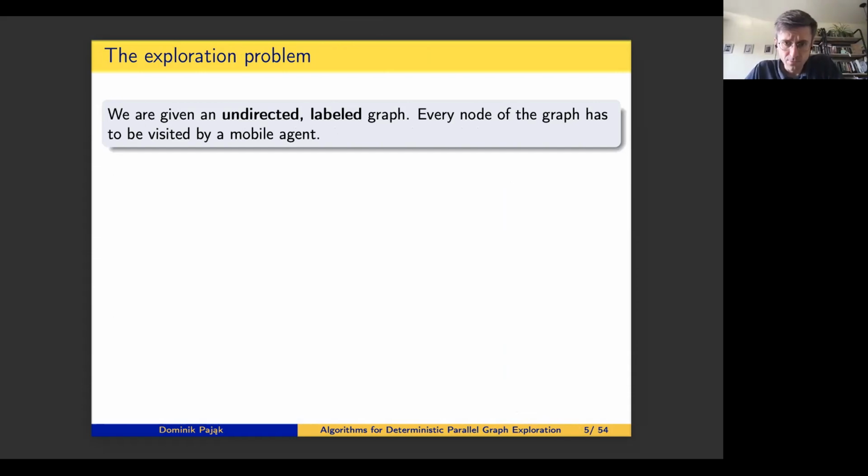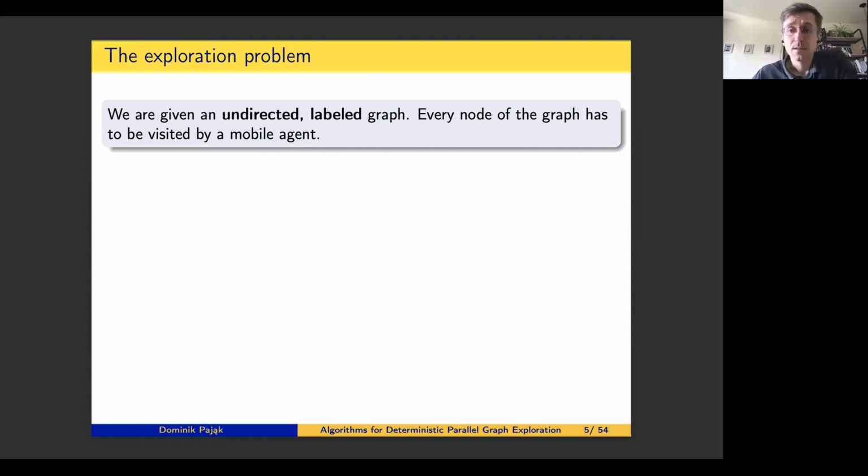We have a graph that is undirected, which means that every edge can be traversed in both directions, and labeled, meaning that the agent can distinguish the nodes. You can think that the nodes have some identifiers, and this is sometimes necessary in some of the presented algorithms.